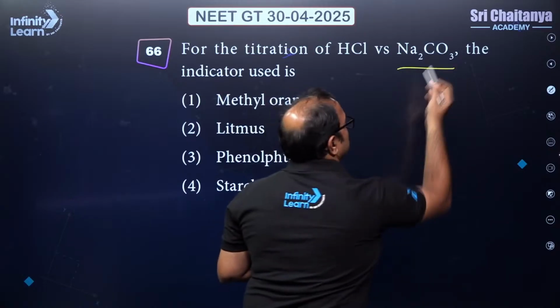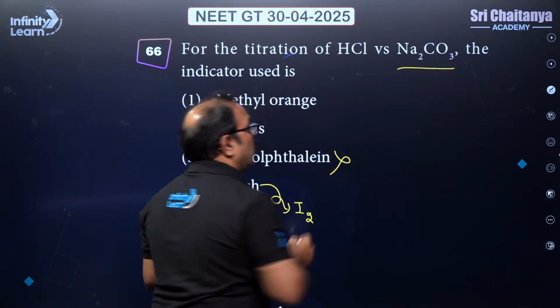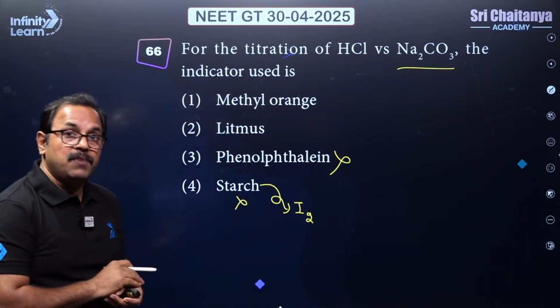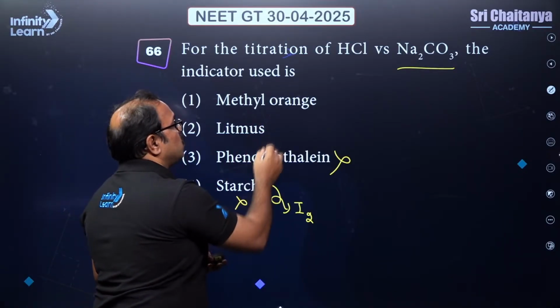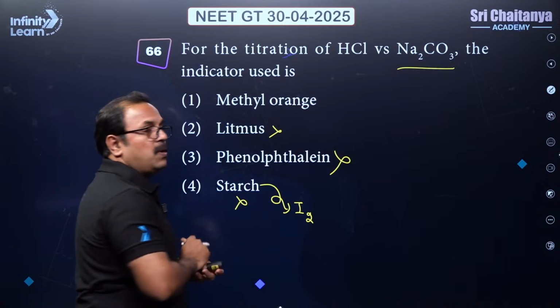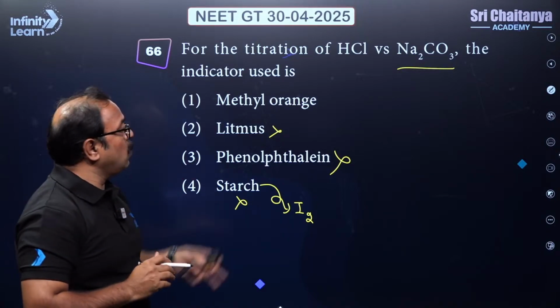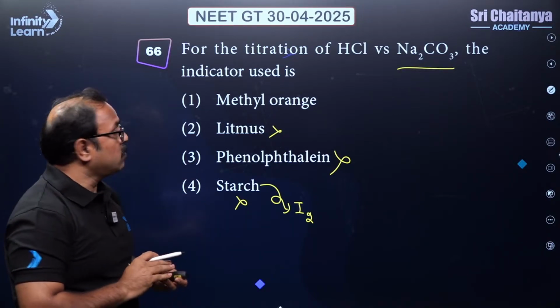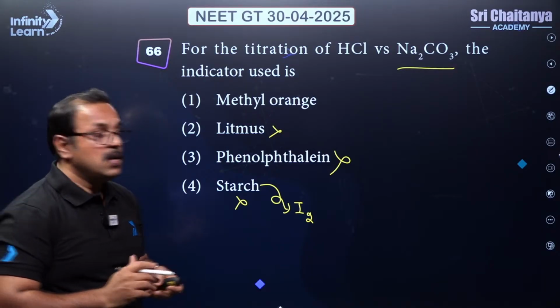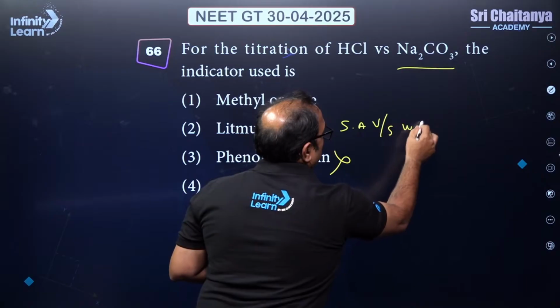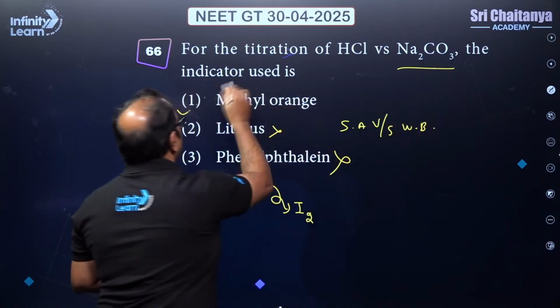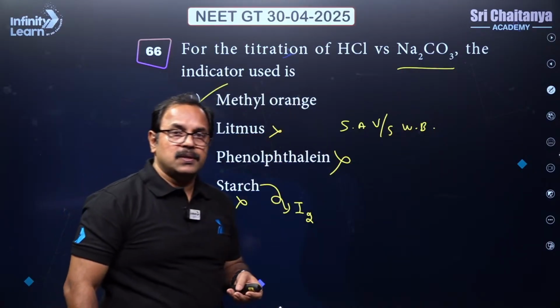Sodium carbonate solution is not a stronger base, so phenolphthalein cannot be used for weak base components. Litmus is more with reference to 7, so we don't use it. And methyl orange and methyl red are components which can be used for strong acid versus weak base titrations. So the correct answer in this case is methyl orange.